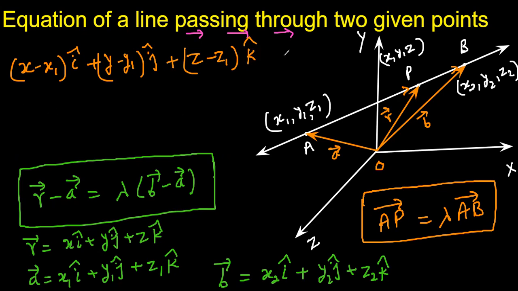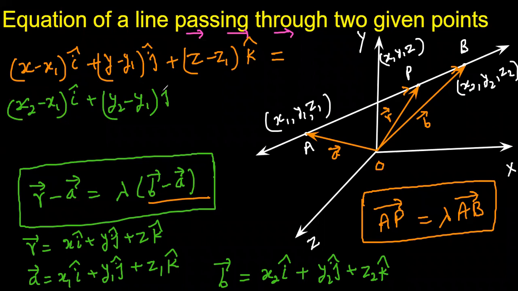On the right side it was b minus a, so you subtract a from b: x2 minus x1 times i cap, plus y2 minus y1 times j cap, plus z2 minus z1 times k cap.